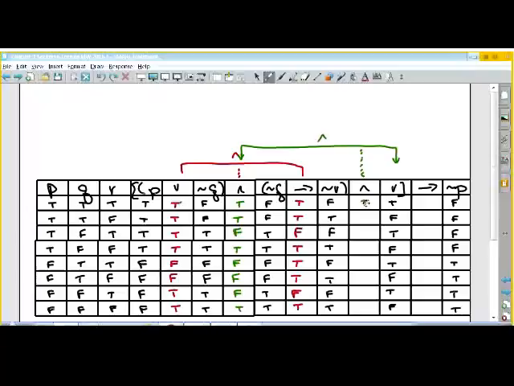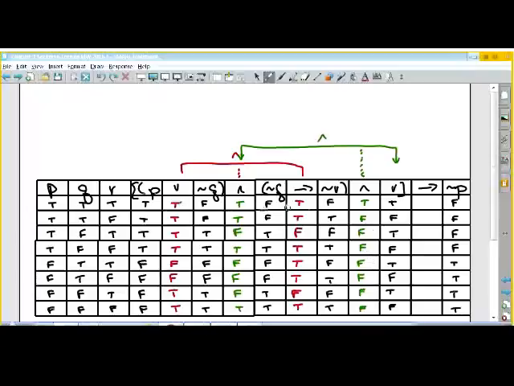I see 2 trues there, and I go down, and that's the only one. Just the first case, true versus true. All the other ones have at least one false in them. So it's true, false, false, false, false, false, false, false. Got one true and a lot of falses.